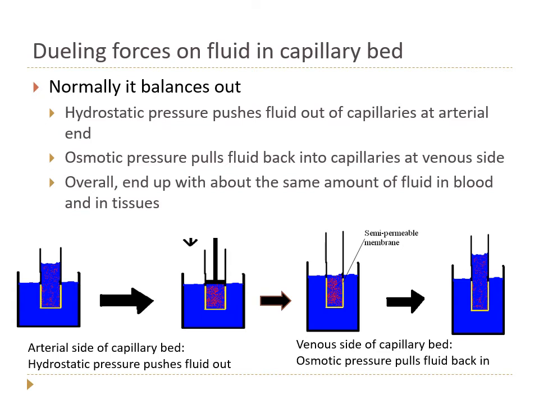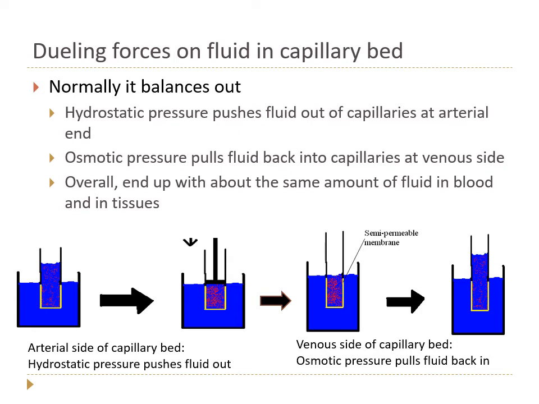Normally, these forces end up, for the most part, balancing out, right? So normally, as much fluid gets pushed out of the capillary bed into the tissues on the arterial side, almost all of that fluid, although not quite all of it, gets pulled back in on the venous side of the capillary bed due to the osmotic pressure pulling it back in.